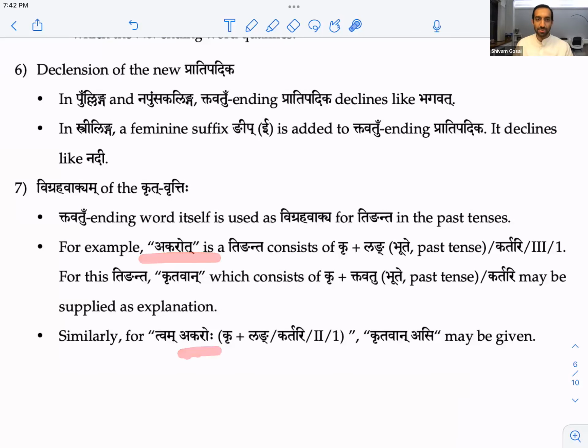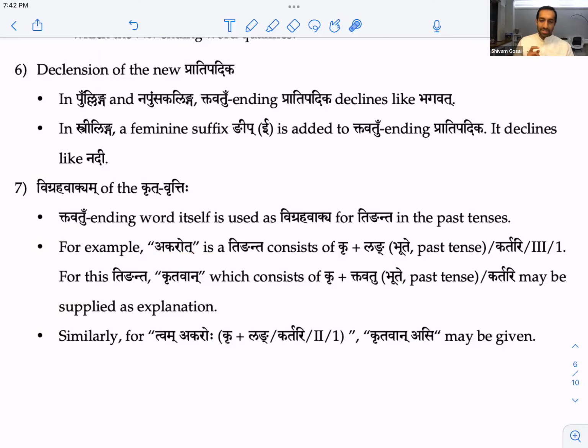You can also use Madhyama Purusha if you want to give that sense. So if I want to describe akaroho instead of akarot, I can still give a vigraha for akaroho. And if I do, I want to make sure I add the verb asi, because that gives a sense of Madhyama Purusha.